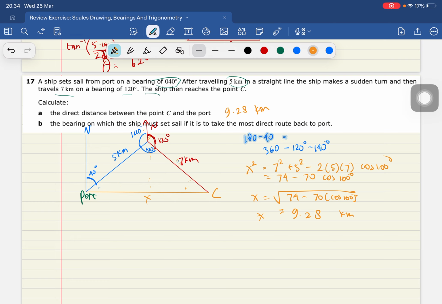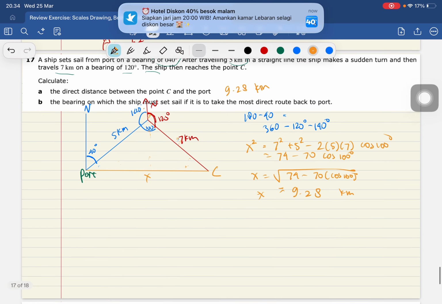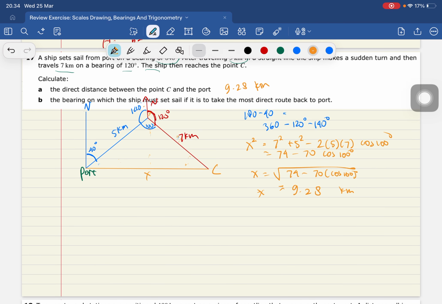Okay, next we can try to find the bearing on which the ship should sail to take the most direct route. So we can make it to the north. As this is 120, it's going to be 60 degrees. To the right angle, it's going to be 90 degrees. So what other information can we take?